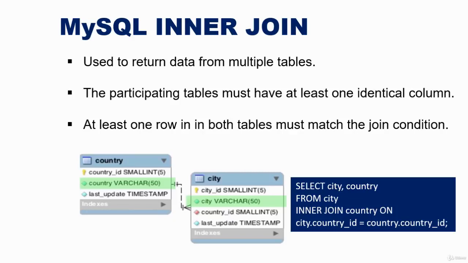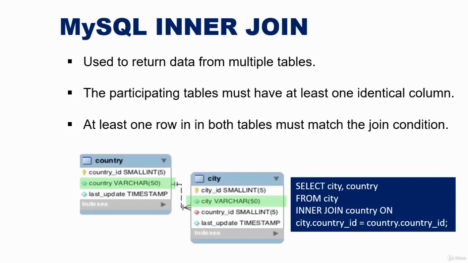it belongs to. Looking at the tables, you can see that the city info is in a different table to the country info. Therefore, we join the two tables using the country_ID field. Both tables have an identical column called country_ID.